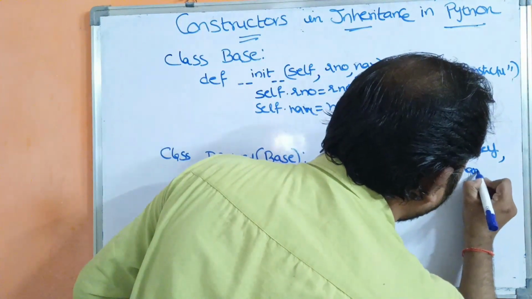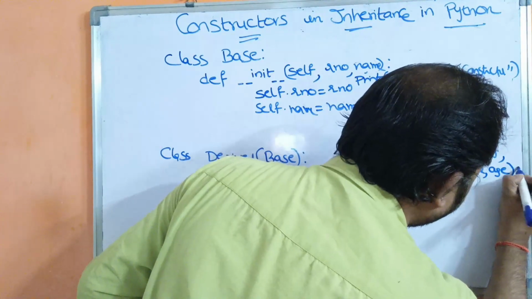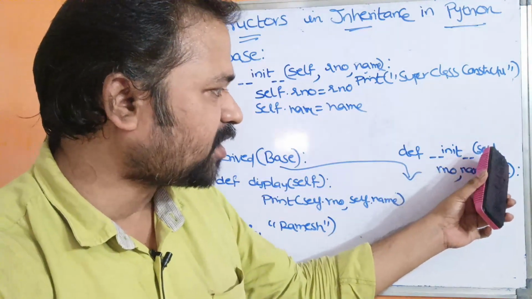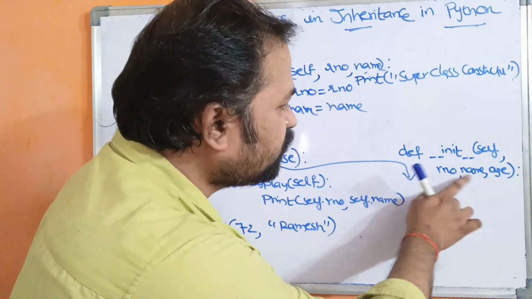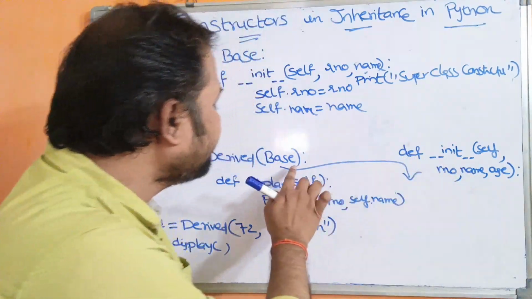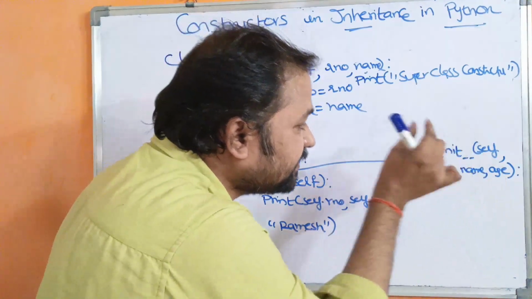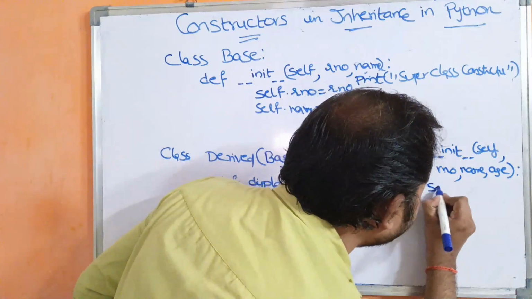Roll number comma name. Let the derived class member be age. This roll number and name are its parent class members, whereas age is this derived class member.